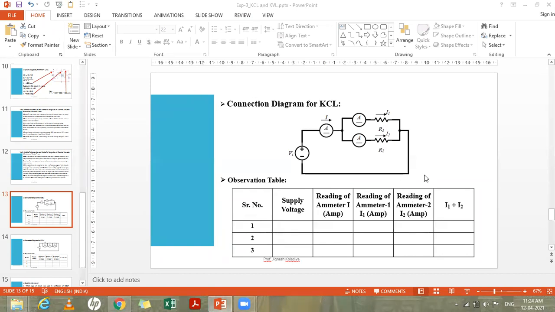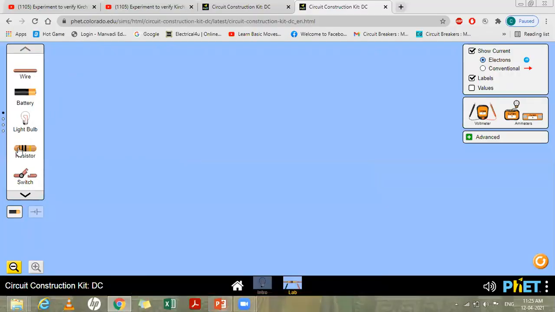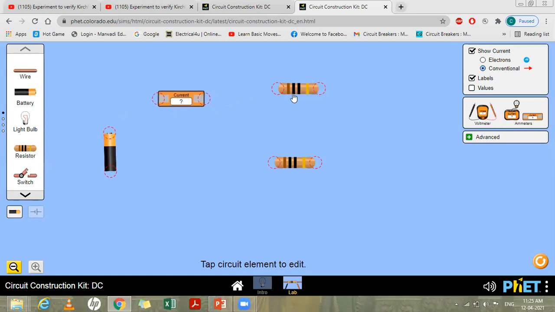So here you can see the circuit. We require two resistances, ampere meter and voltage source. Last time also we did Ohm's law in this, so all of you are now familiar with this software, right? So you can take two resistances, one voltage source, meaning a battery, and we require 3 ampere meters.